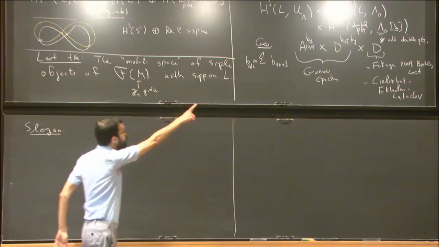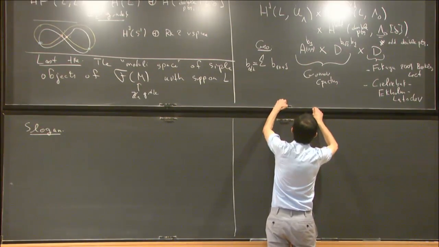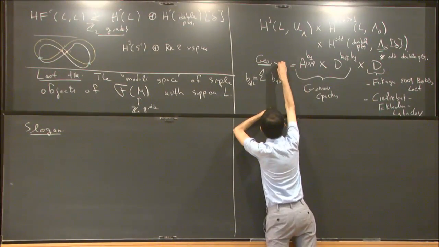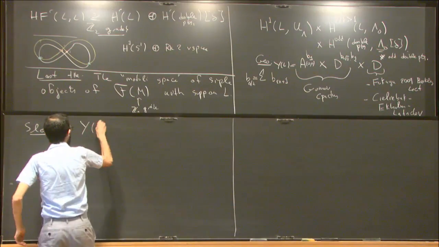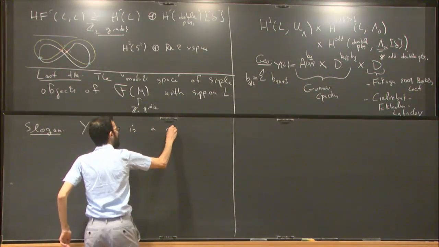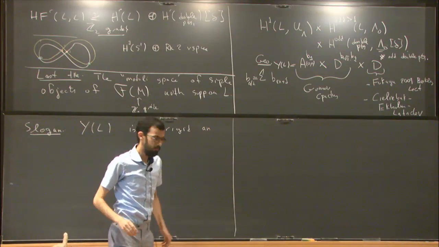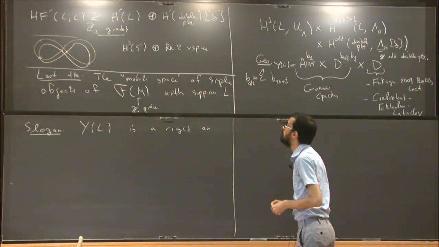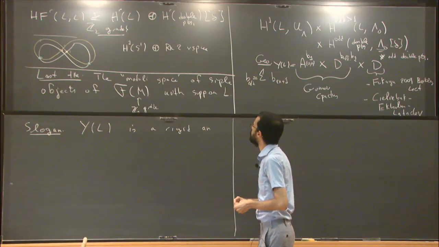Now, what I want to do, the kind of slogan, is that we should think of this space. We need a name for it, so let us call this space Y of L, so that Y of L is a rigid analytic space. When you stated the cohomology, there was a slightly stronger assumption, probably of no holomorphic polygons?